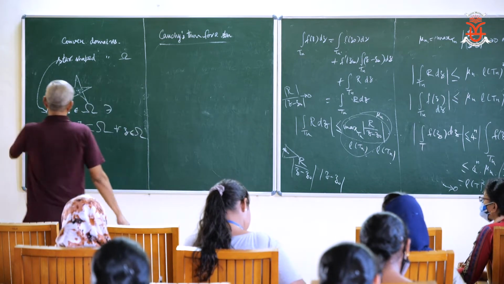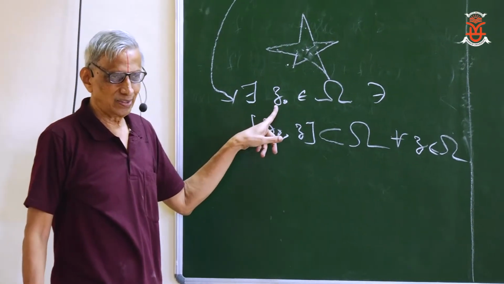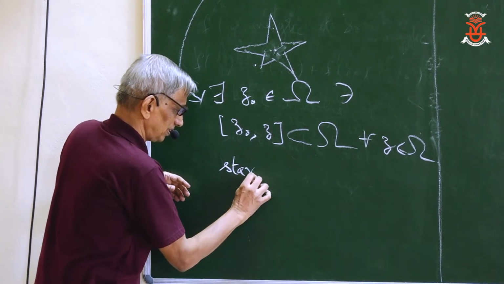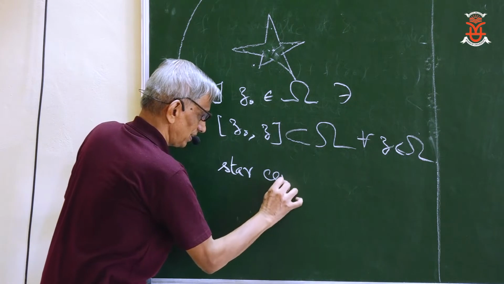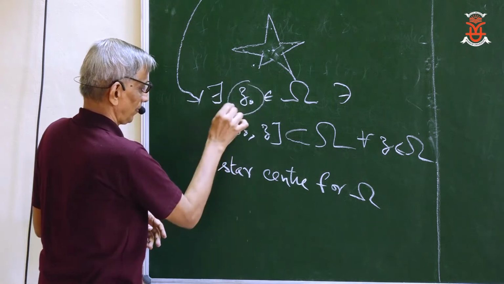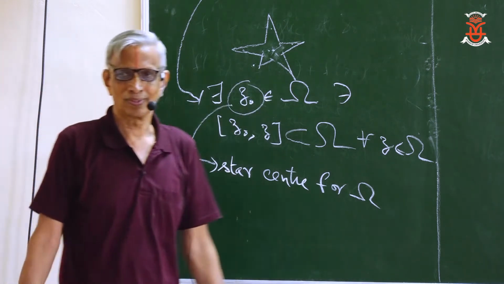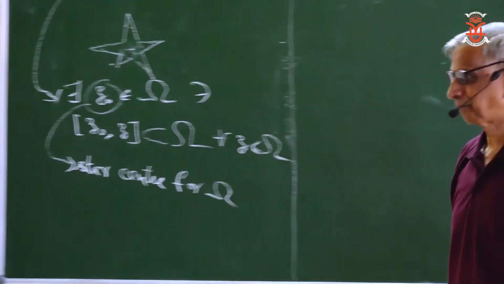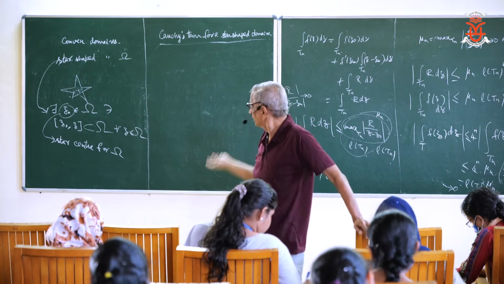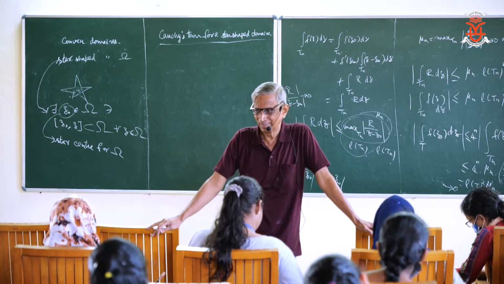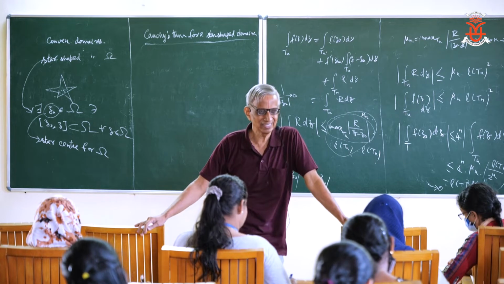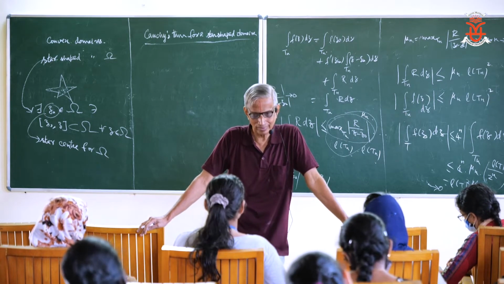Let us call such a Z naught a star center, just to write something conveniently, just for easy reference, okay? Convex will do for us, but we don't gain anything by restricting to convex. Essentially the same proof is going to work for this, so why not?